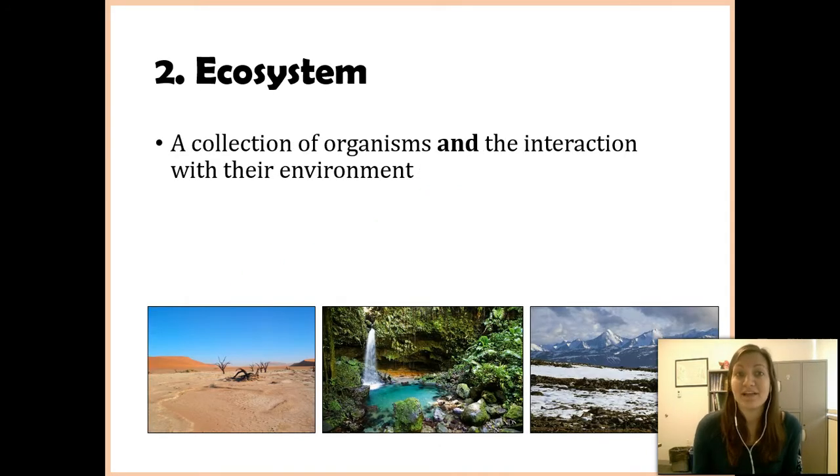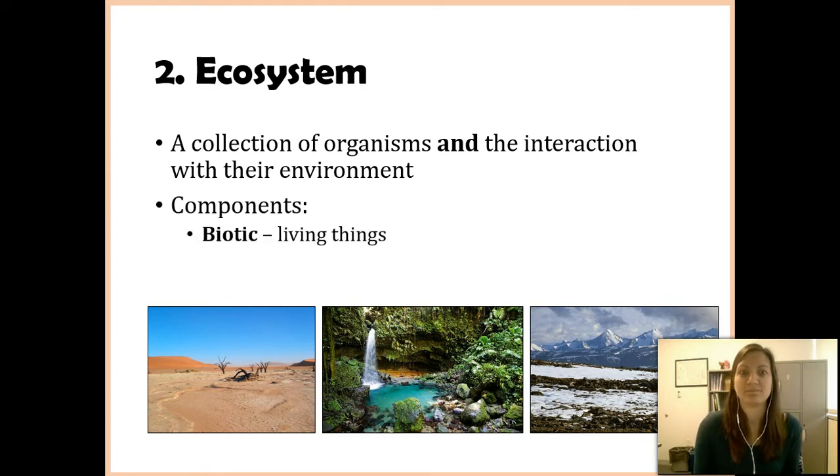Going to the next level down are ecosystems. Now, what an ecosystem actually is, we all kind of have an idea of what an ecosystem is. It's a collection of organisms, so plants and animals, and very, very important, their interaction with the environment, with the world around them. Now, there's two major components of an ecosystem that we see in this definition.